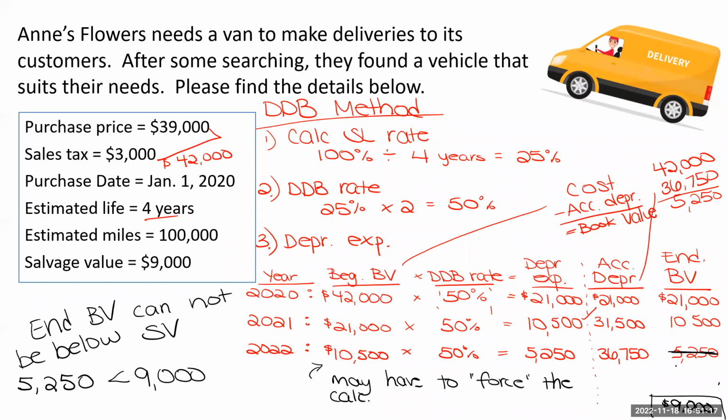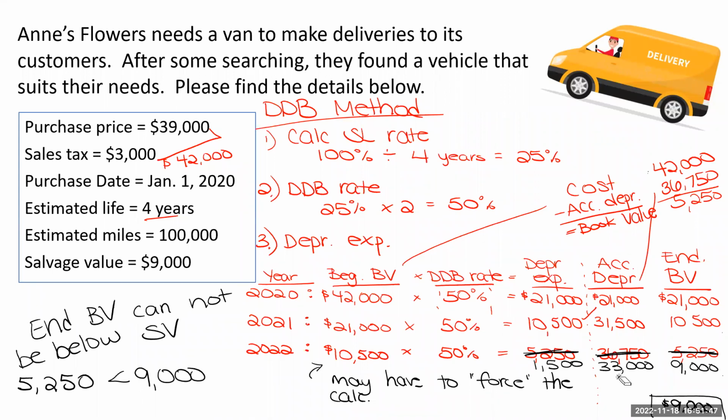You say this has to be 9,000, which means I can only take total accumulated depreciation of 33,000. I can only have depreciation expense of 1,500, right? Because 15 more hundred gets me down to the 9,000. Okay, or 42 minus 33 gets me the 9,000. So you have to do a force in that final year with the double declining.